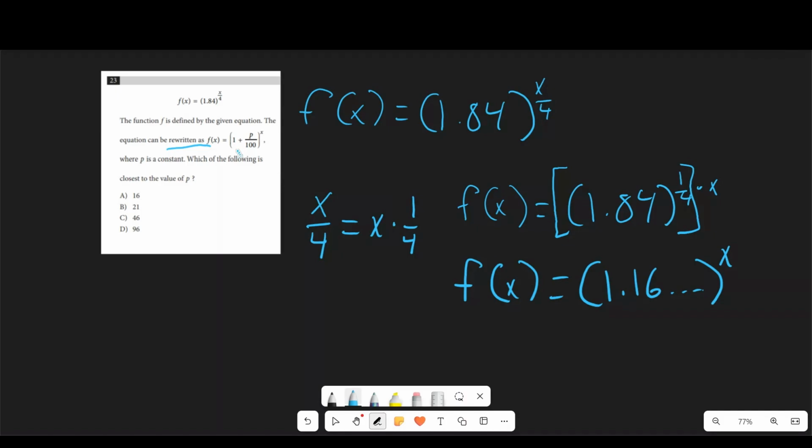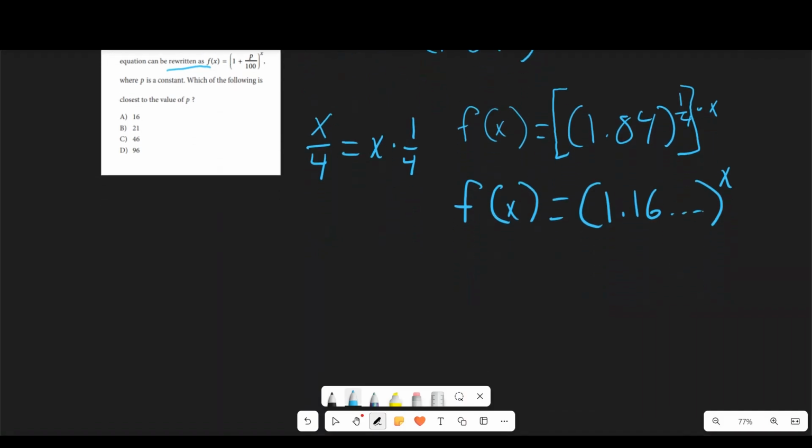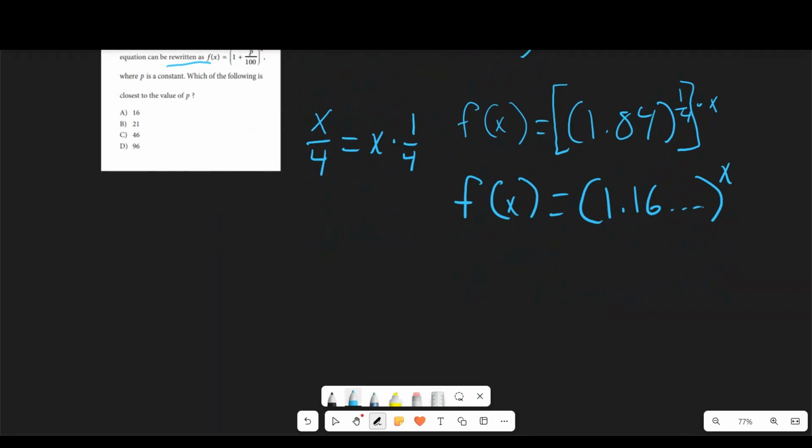We need to make it in the form of 1 plus some fraction over 100. For this, I find it useful to recall how we interpret decimals. So just bear with me for a moment. For example, when we have the number 2.51, we read this as the units place, then the tenths place, and this is our hundredths place.